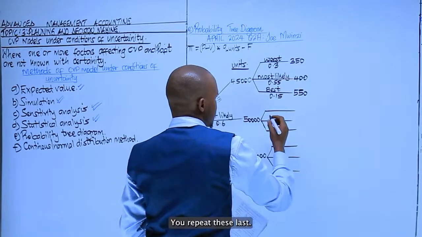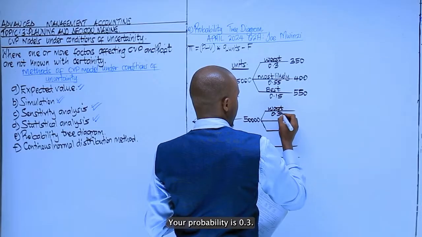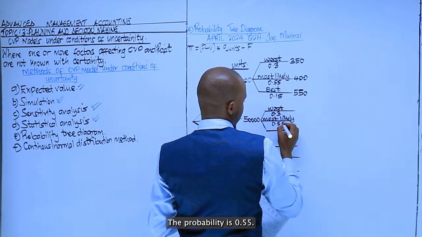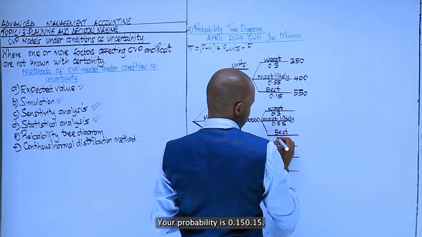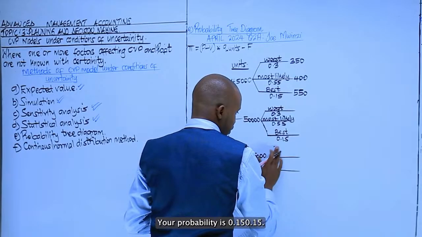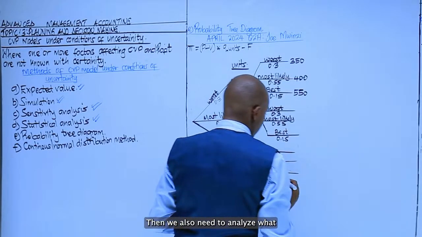You repeat this. Worst, your probability is 0.3. Most likely, your probability is 0.55. The best condition, your probability is 0.15.